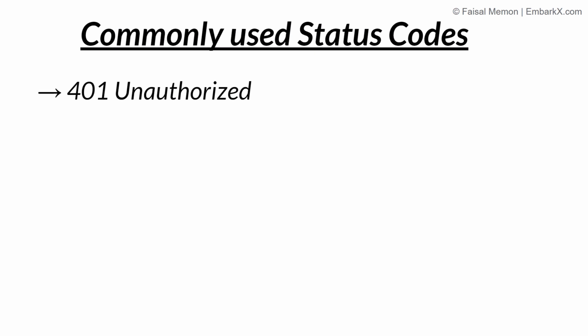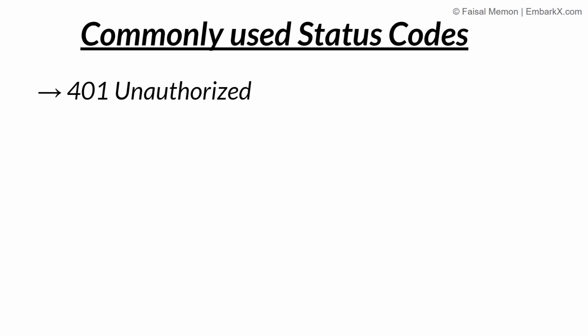Then you have 401 unauthorized. This indicates that the request you sent does not have authentication credentials or is not authorized. There will be scenarios wherein some APIs require authentication. If you try to access, let's say, Twitter APIs, those APIs need to be authenticated because you cannot access users' information without authentication.